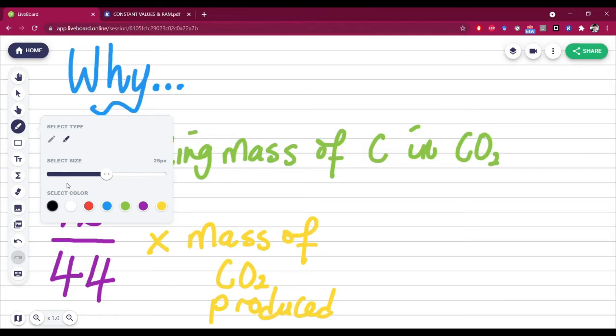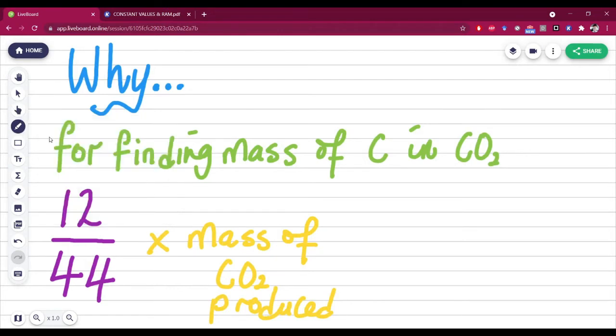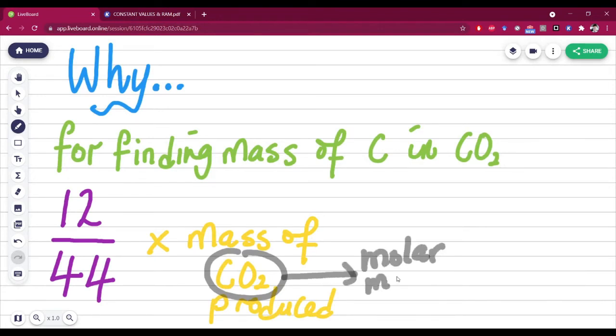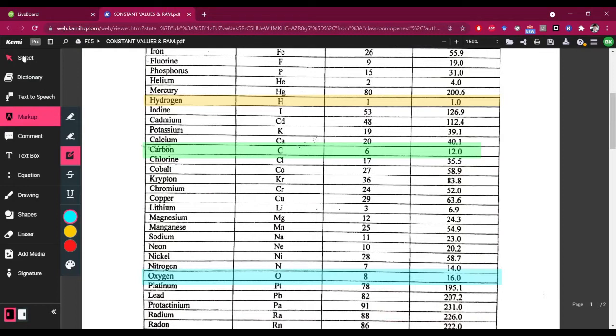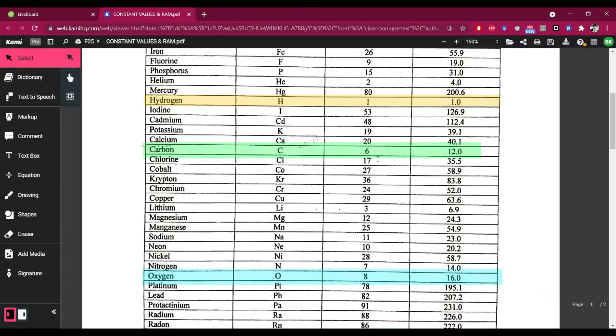If you look at carbon dioxide, the molar mass of this is: carbon is 12 and oxygen is 16.